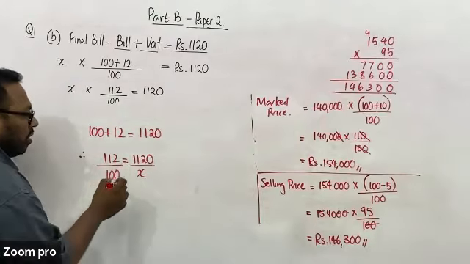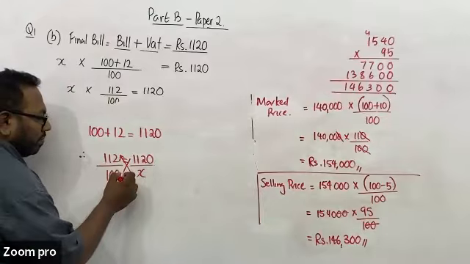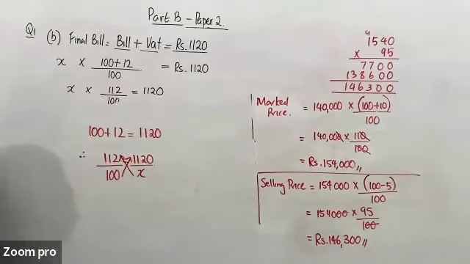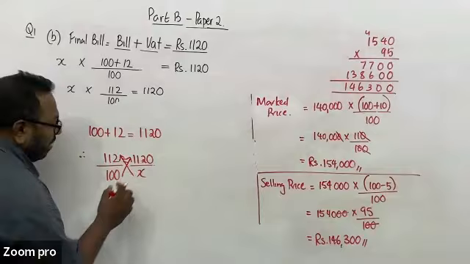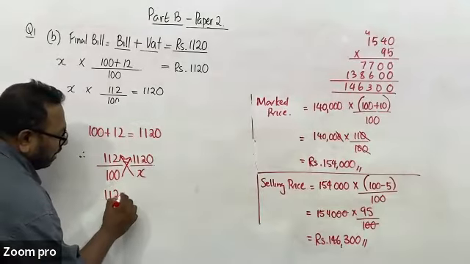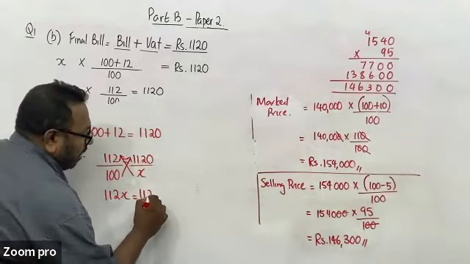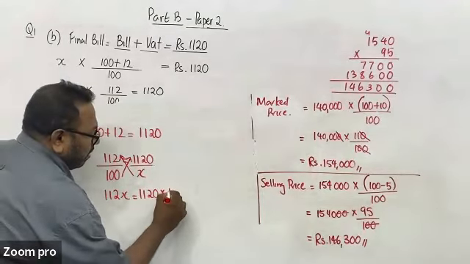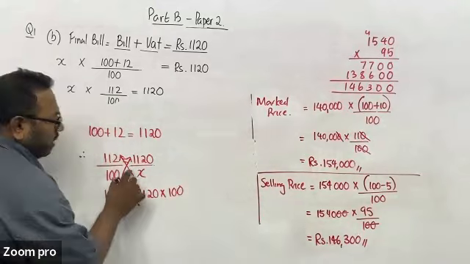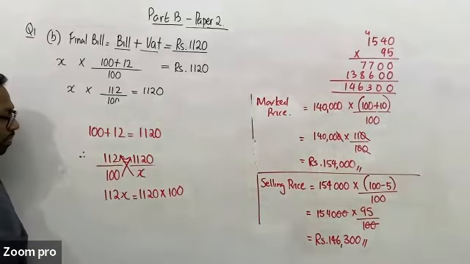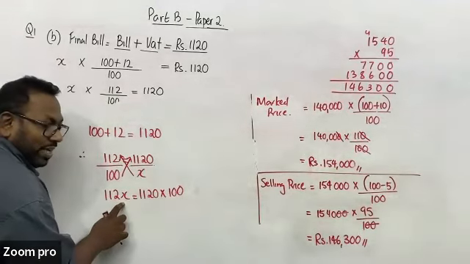So what do you need to do? You can just cross multiply. 112 into x is equal to 1120 into 100. Direct proportion. Now I want to find out x.